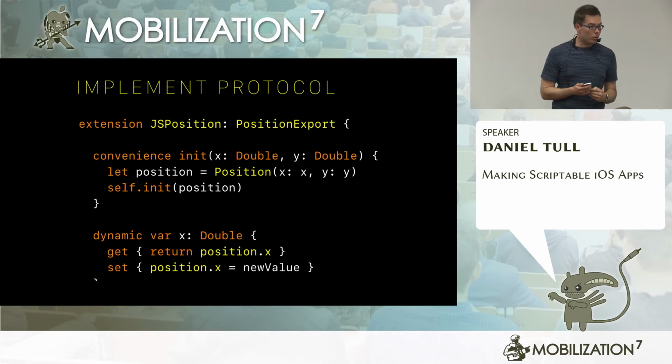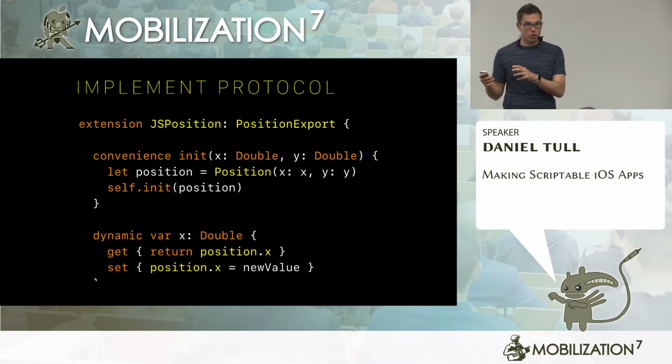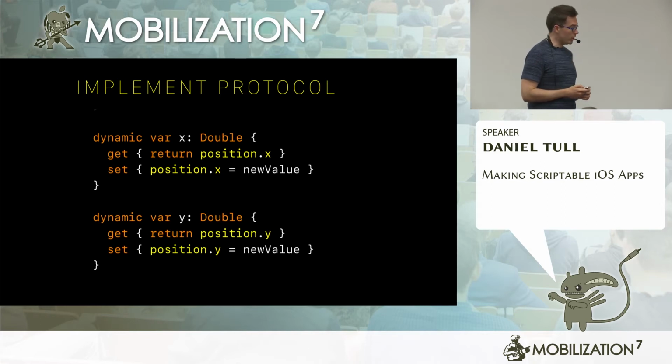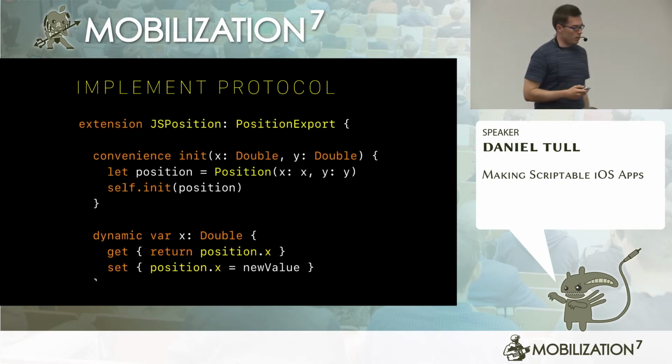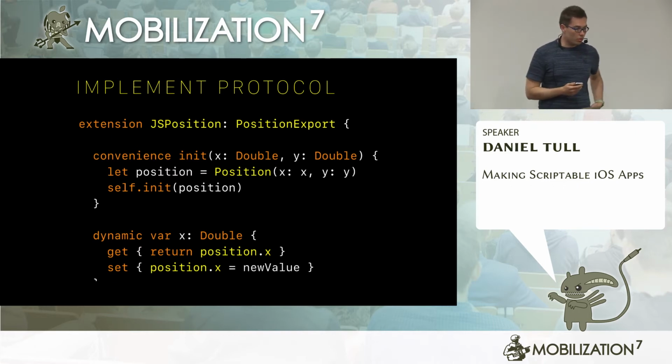And the X there, we can implement a getter and a setter just using the normal value of the position. And hopefully that's going to scroll to the bottom. Yeah, you can see that the Y property was also implemented there as well.